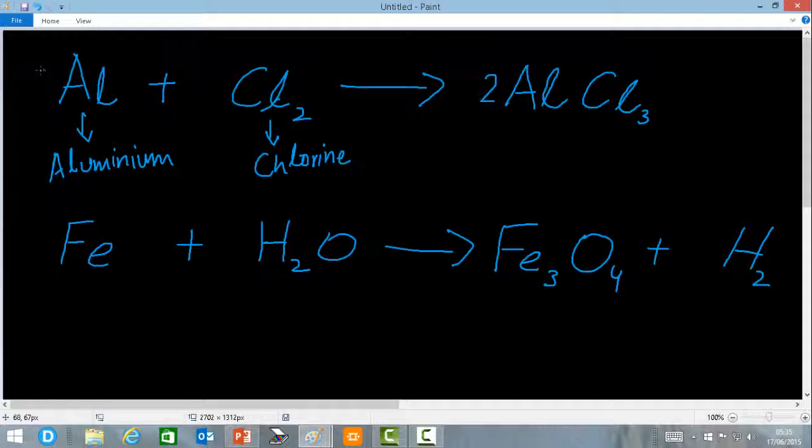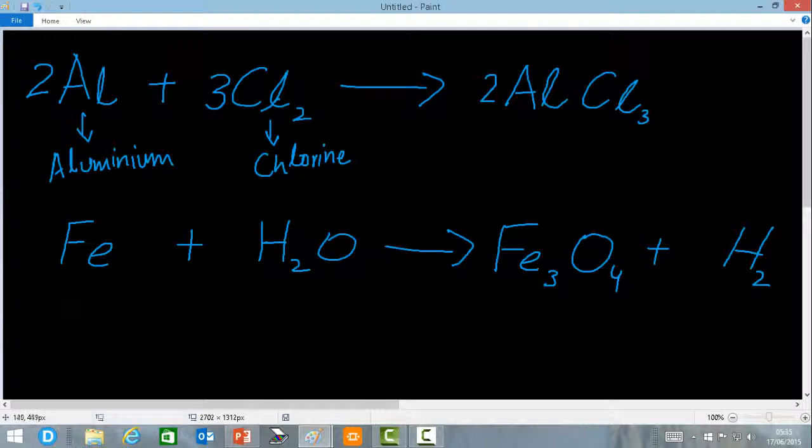So let's just balance aluminium. Write 2 over here. Now aluminium is balanced. Now how to balance Cl? We already have 2 molecules of Cl, so to make it 6, just multiply it by 3, so it becomes 6. So both sides of our equation are balanced.